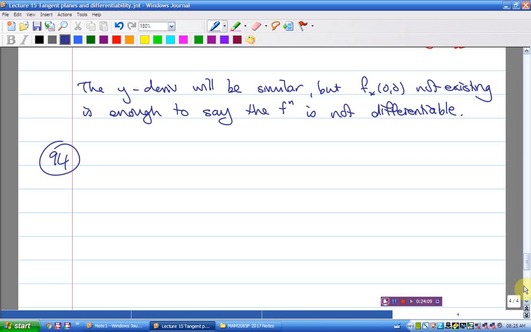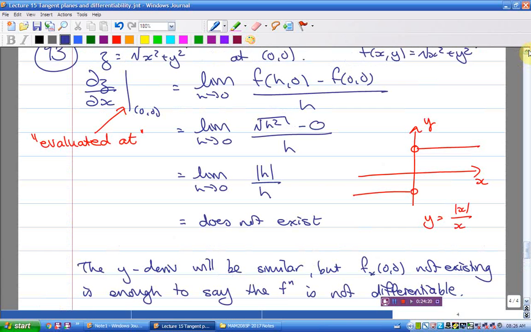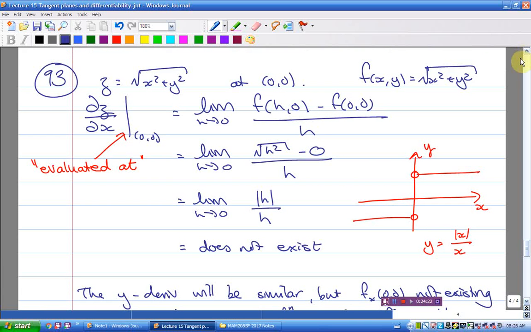Question at the back? Why is it that on the previous question you used first principles and not the chain rule? Okay, good question. The question is, why didn't I use my differentiation rules, chain rule specifically, in order to differentiate this? And that's because differentiability is in doubt. As soon as differentiability is in doubt, you cannot trust your differentiation rules.